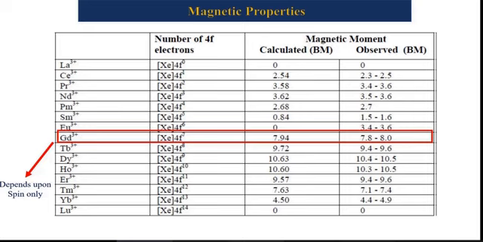Now, why is it the case that samarium plus 3 and europium plus 3 show a difference from the calculated value? It means something important is happening, right? Now see, in the case of samarium plus 3 and europium plus 3, the spin orbital coupling is only about 300 to 400 centimeter inverse. This means that the energy between the ground state and the next higher state is quite small.